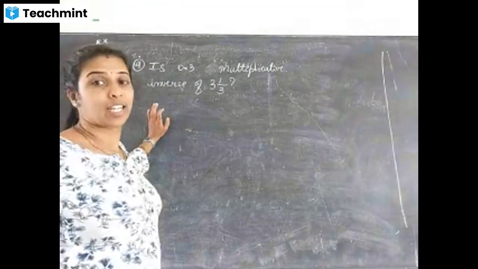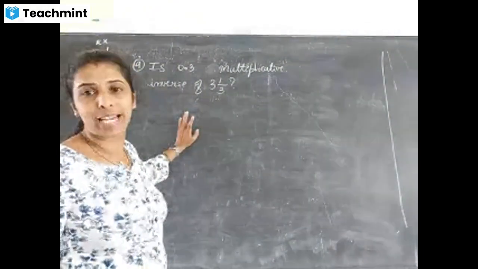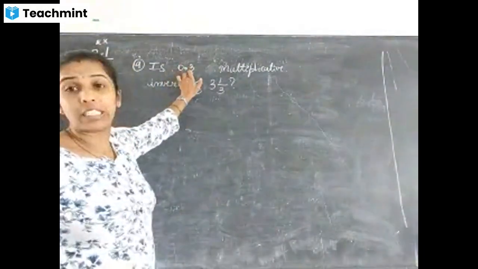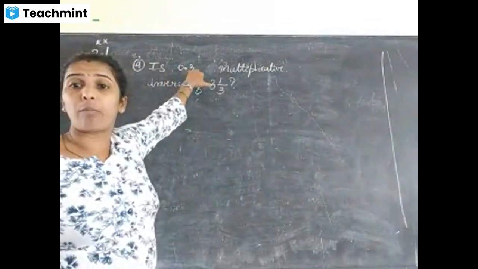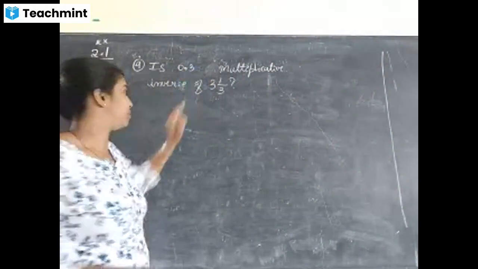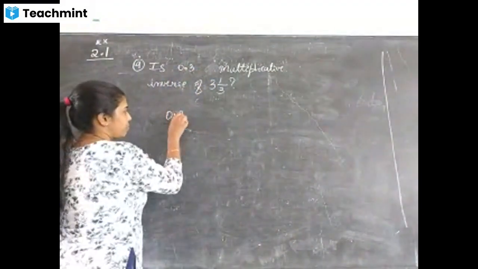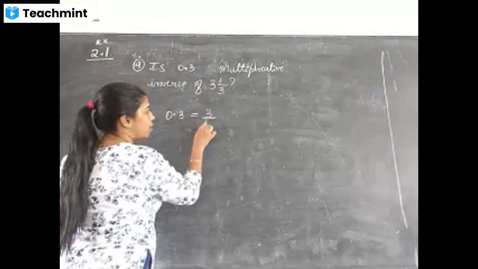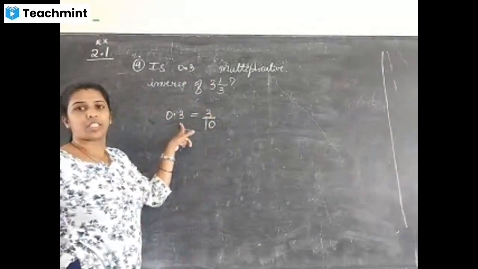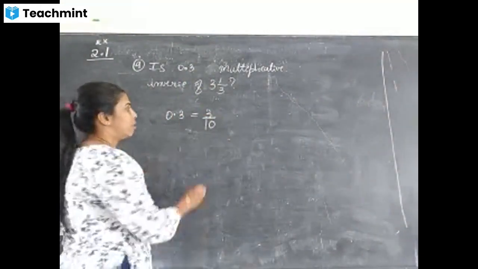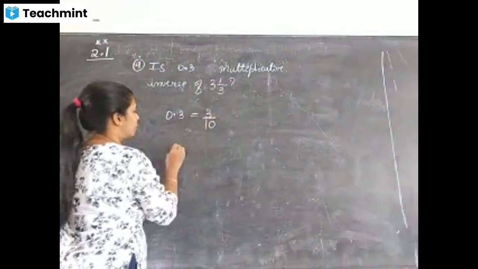Now we have to check directly, we can't say, because both are on the plus side. Yes, 0.3 is given in decimal form. Convert it to fraction form. Divide by 10, after the decimal point there is one digit, so 10. This you will check.